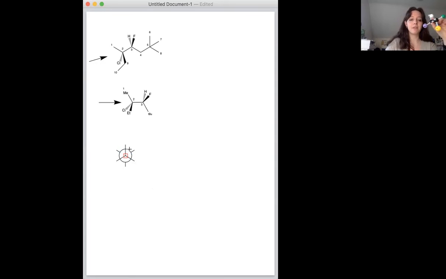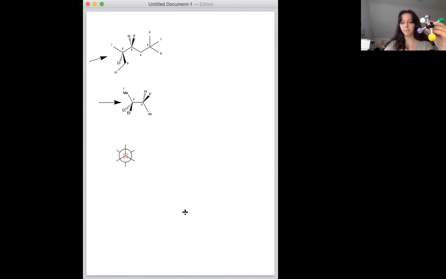because that one's farther from me. And then I see my 3 groups on carbon 2 and where they are in relation to my 3 groups on carbon 3. So this is going to make it a lot easier to go from Sawhorse to Newman and Newman to Sawhorse, right?